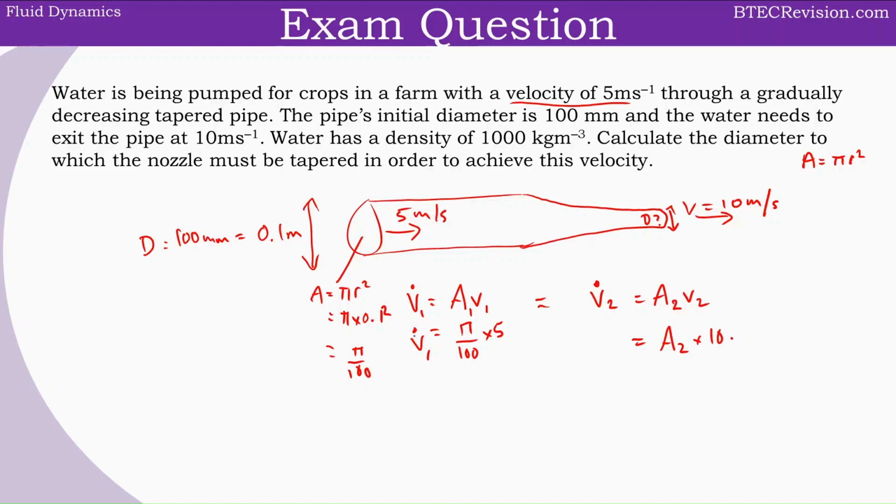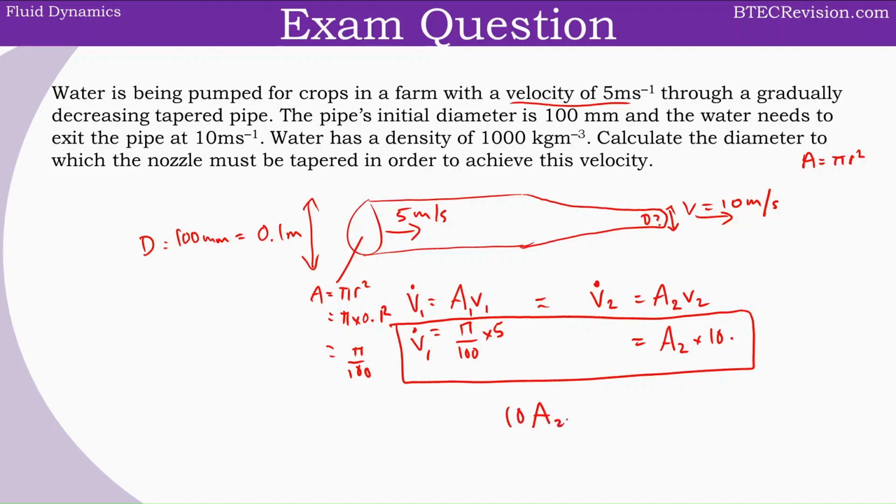Okay, so we can put these together, and that will give us 10 a2 equals 5 pi over 100. So if you divide that by 10, that will give us a value of a2 equals 5 pi divided by 1,000.